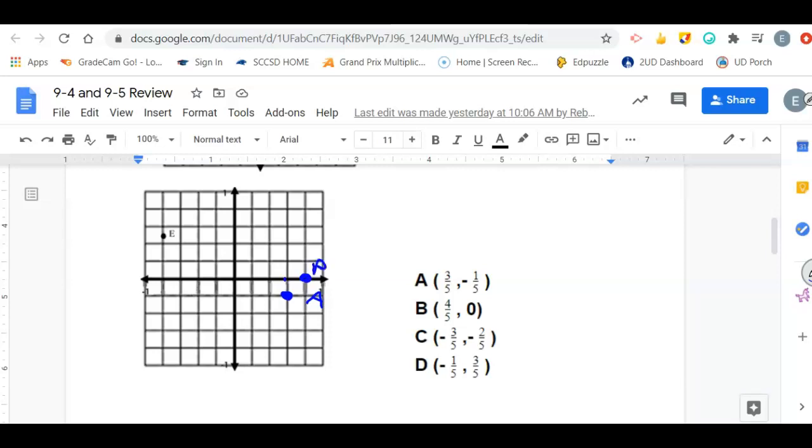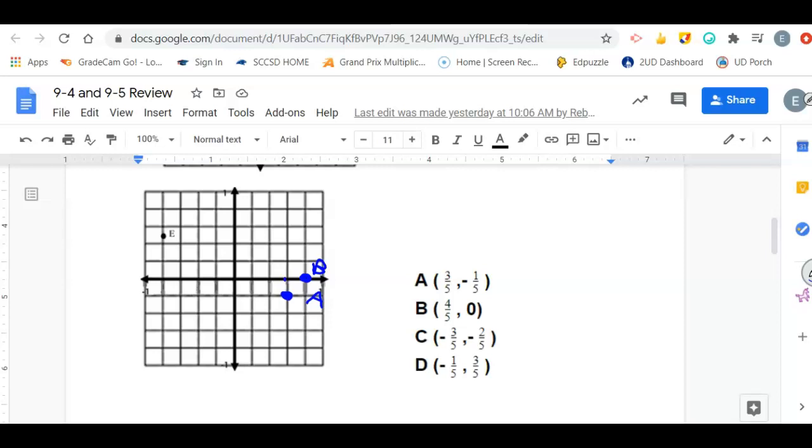Where is B located on the coordinate plane? Sydney. Good, it's located on the x-axis. It is not located in a quadrant. Quadrants have positive and negative numbers. 0 is neither positive or negative, so it belongs on the axis. Okay.